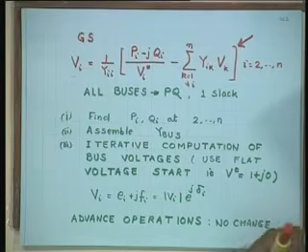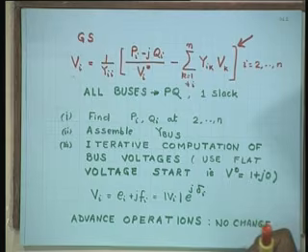Assemble Y bus. I have already told you 2 methods of assembling Y bus. One was simple rules, the other was by singular transformation, that is Y is equal to A transpose small y into A, where A is the bus incidence matrix and small y is the primitive admittance matrix, which is a diagonal matrix.